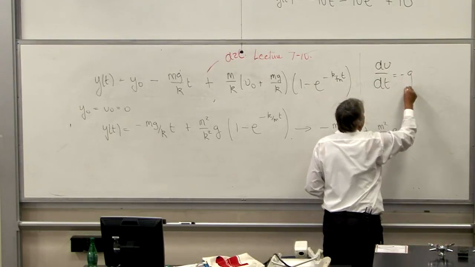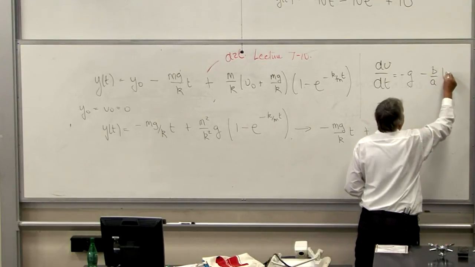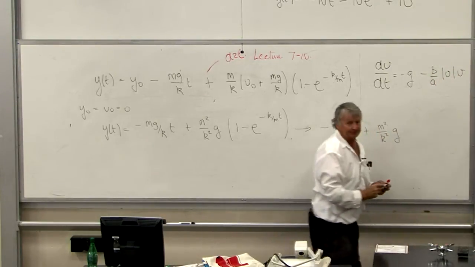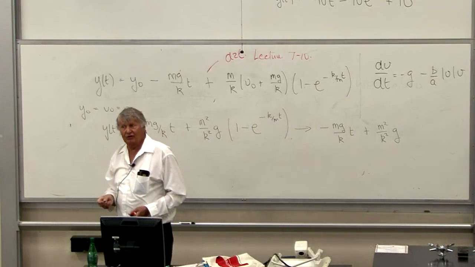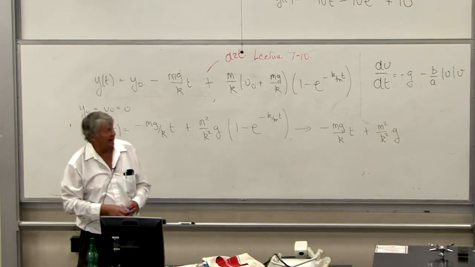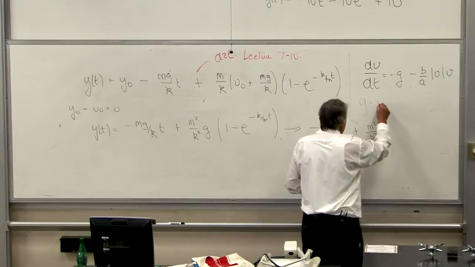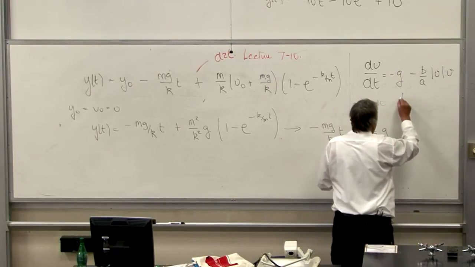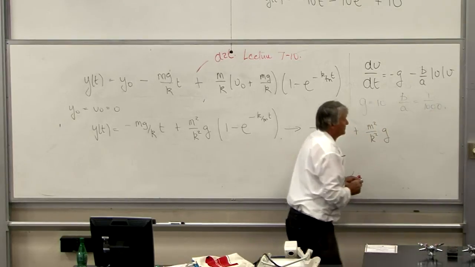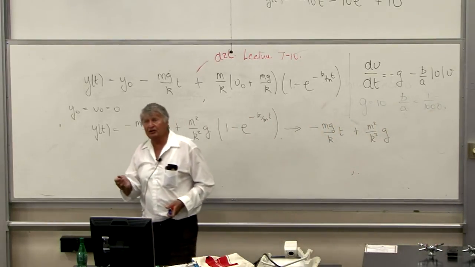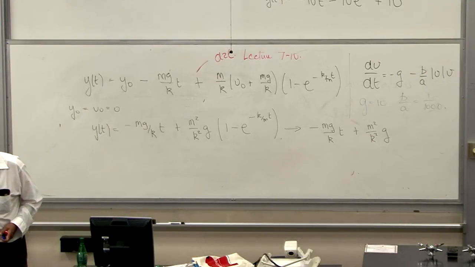And his equation will be minus g over a minus b over a times absolute value v times v. Now, actually, if you want to, you can just choose values of b over a. In fact, choose g equal 10 and b over a to be 1 over 1,000. And say start at v equals 0. And you can actually use the program and plot the positions and everything.